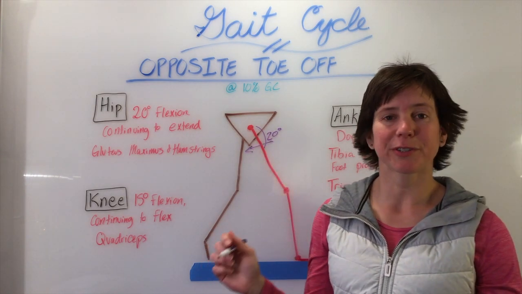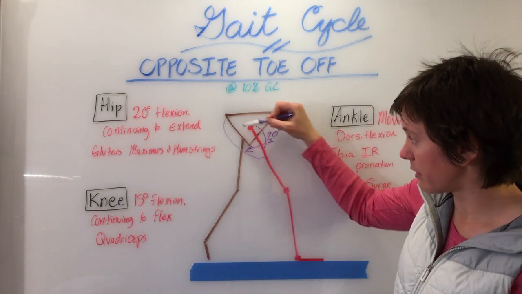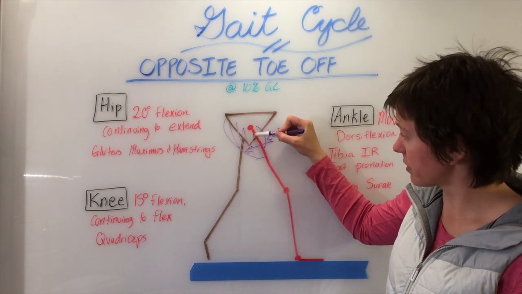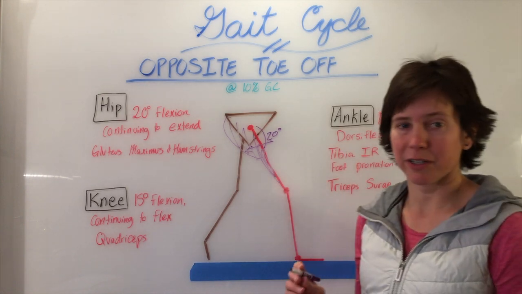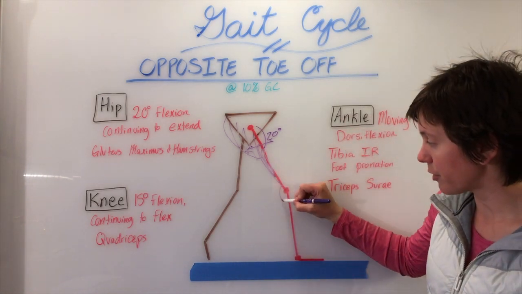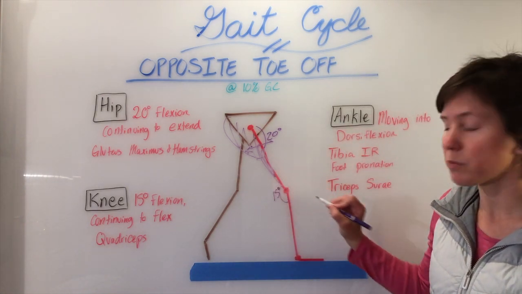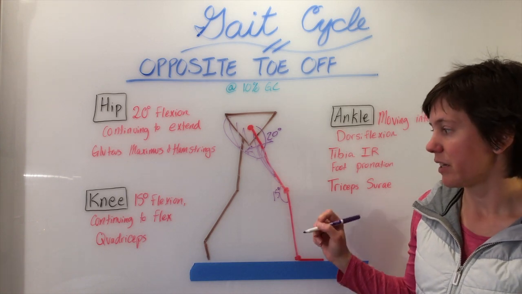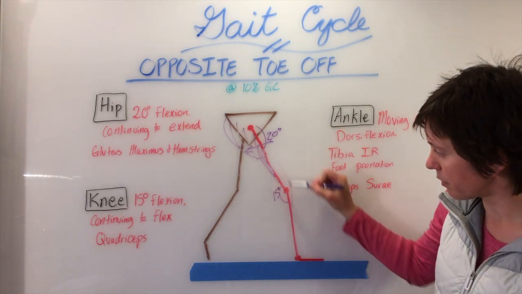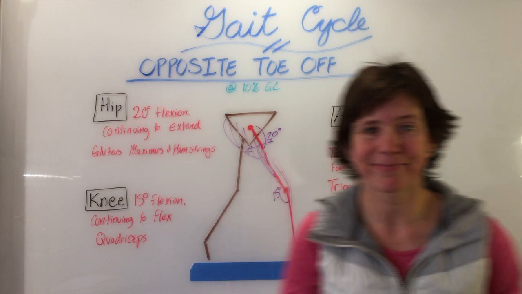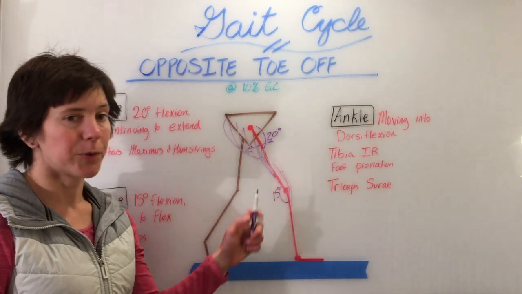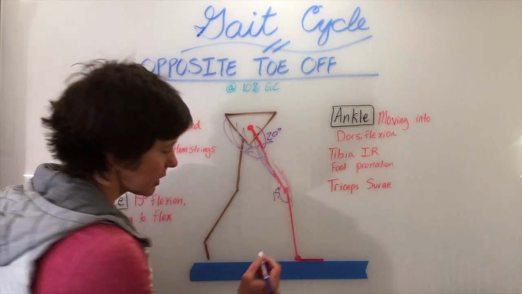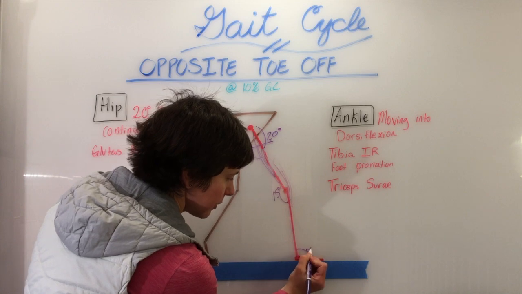The same muscles of gluteus maximus and the hamstrings are still firing. At the knee, it was in 15 degrees of flexion, moving more into flexion, and the quadriceps are still firing. At the ankle, it is moving into dorsiflexion.